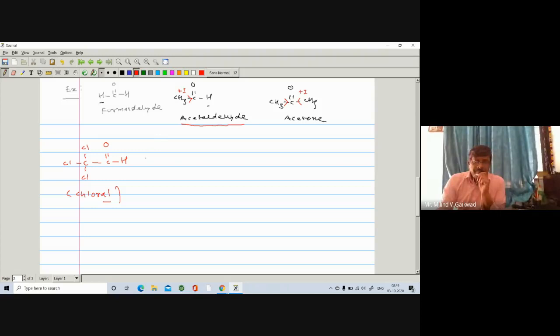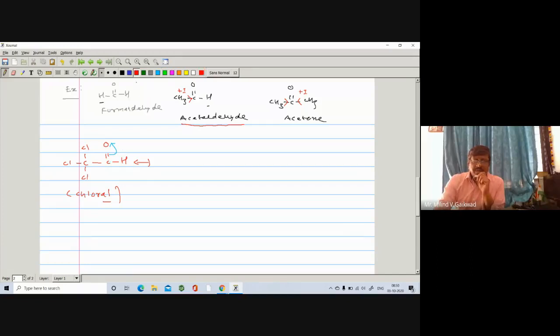A question of 2 marks they may ask: this chloral can undergo hydration very easily. Why? The reason is that when chloral undergoes resonance, the oxygen is more electronegative as compared to carbon. So this pi bond will open on the oxygen: O negative and C positive.